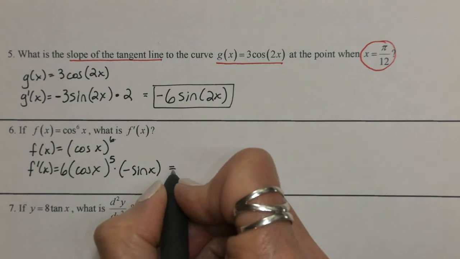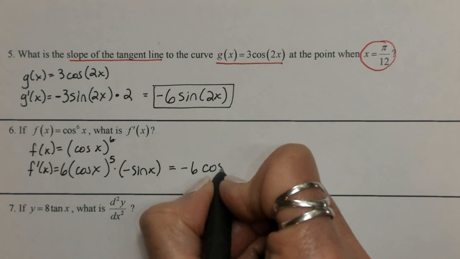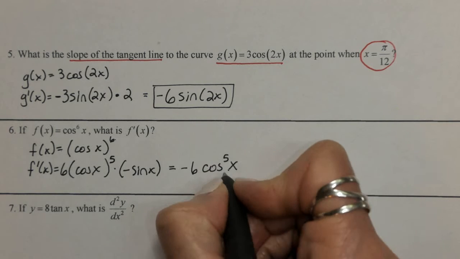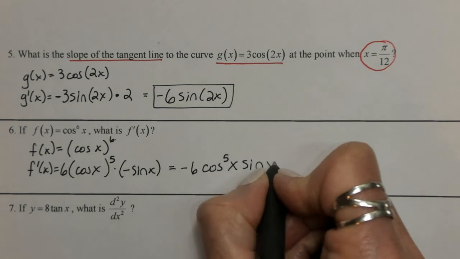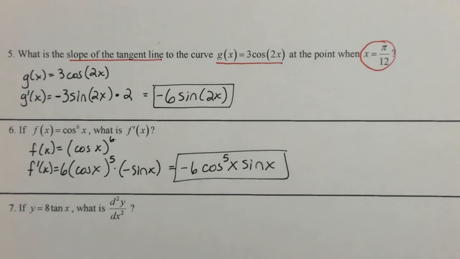As a multiple choice answer, they would pull that negative to the front, make it 6 cosine to the 5th x sine x. That would be your multiple choice answer.